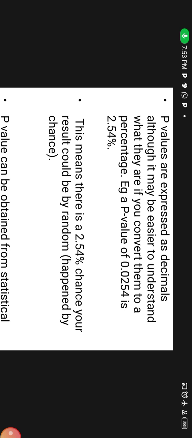This is pretty tiny though. On the other hand, a large p-value of 0.9, that is 90%, means your results have a 90% probability of having happened completely by chance and not due to anything in your experiment. Therefore, the smaller the p-value, the more significant your result is. This p-value can be obtained from any statistical textbook.